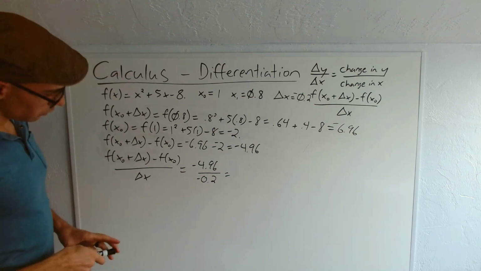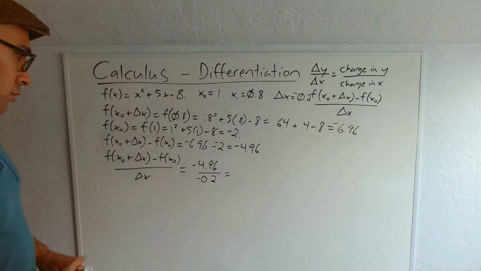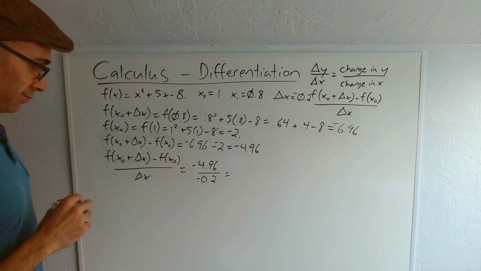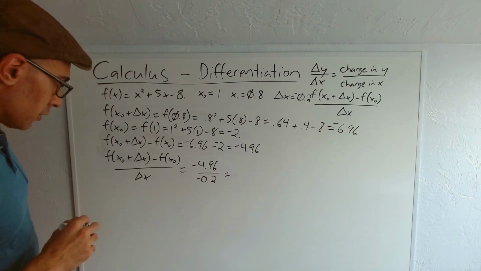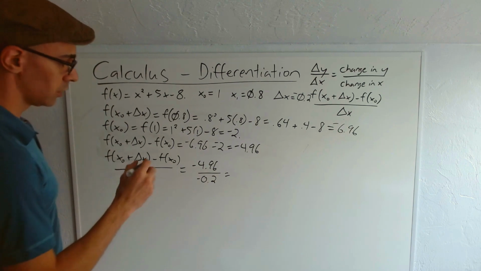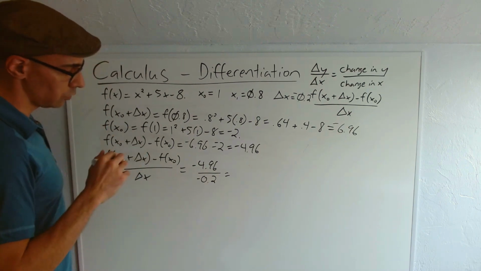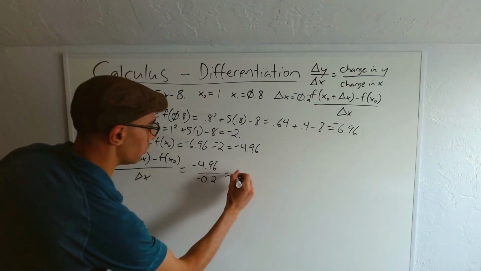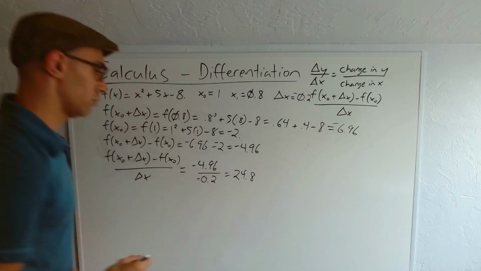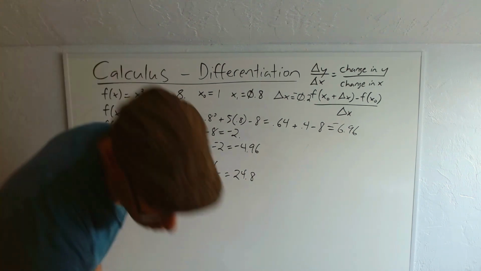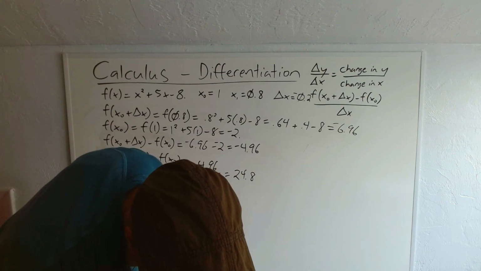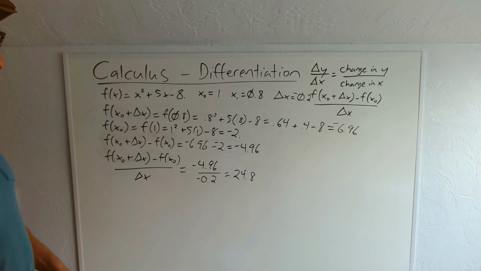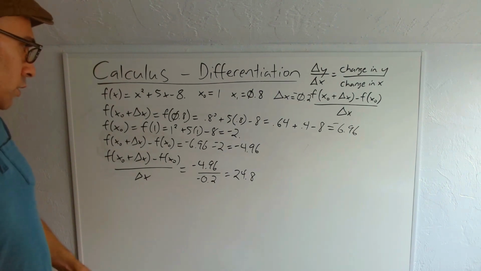And that gives us, I really don't like dividing by decimals sometimes, 49.6 divided by 2, which is 24.8. No, that's not right.